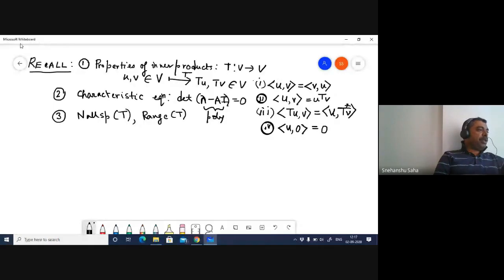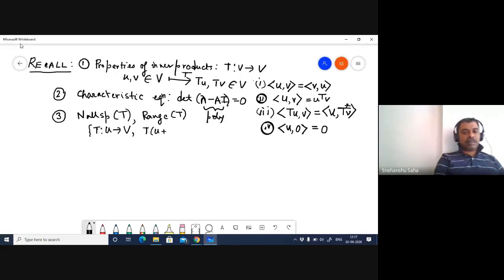You should also recall what exactly a linear transformation is. A linear transformation has an additive property. So we recall linear transformation properties as well, which is: T is a linear transformation between vector spaces U and V in such a way that, and there is a scalar alpha.